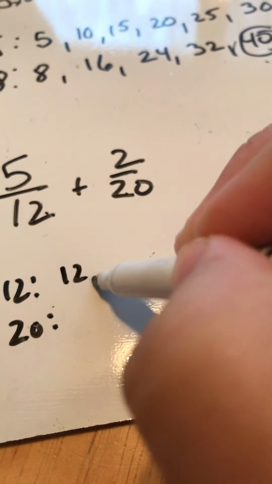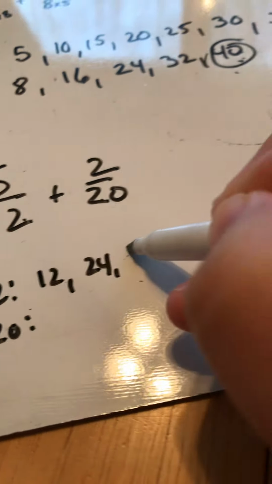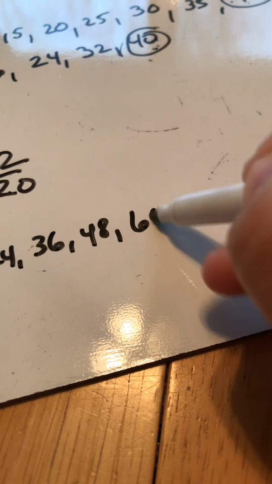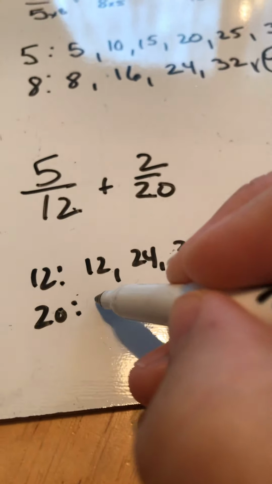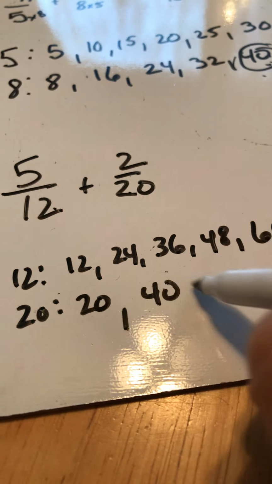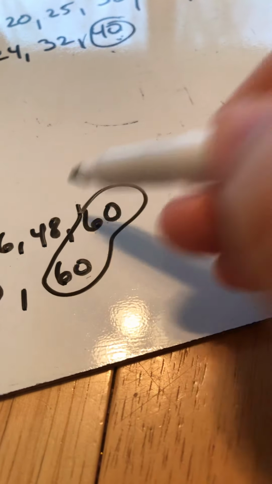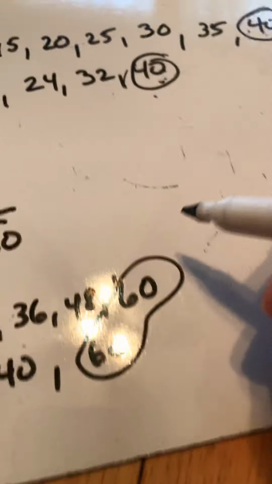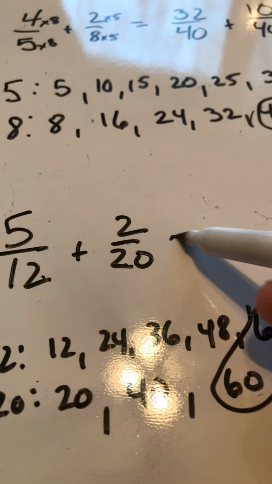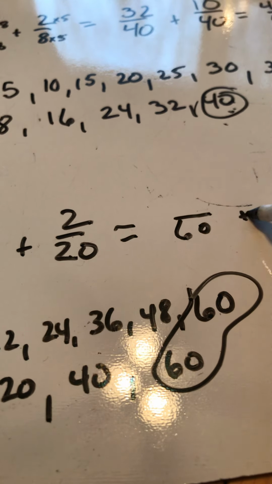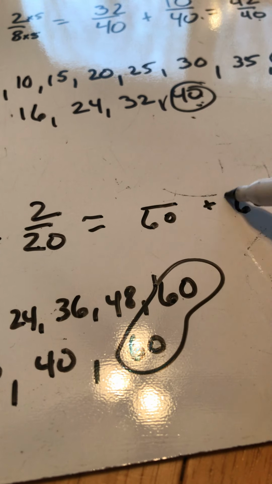So 12, 24, 36, 48, right, and 60. I'm going to stop there. 20, 40, and 60. So I see that 60 is what they share. So I'm going to turn both of these into something over 60.